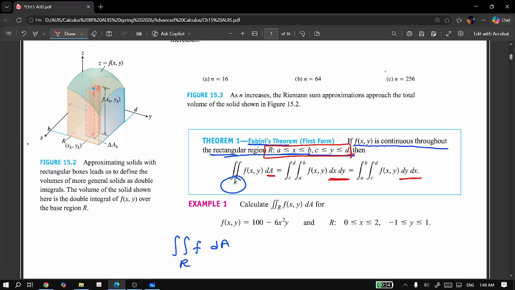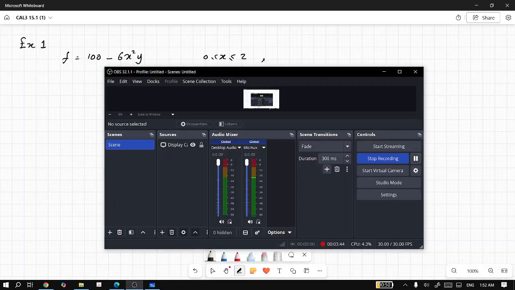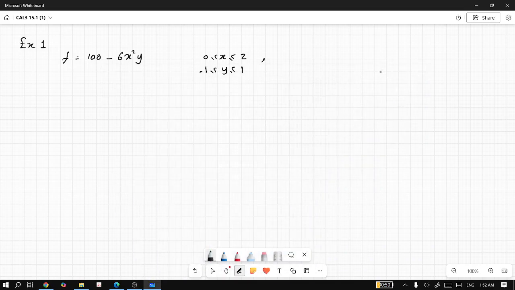Here, let's start with the first example. It says calculate the double integration of the function f over the region that is given to you, where f is equal to 100 minus 6x squared y over the region that is given here. So in this example, it's required from us to find the double integration over the region R for the function that we have got, dA.